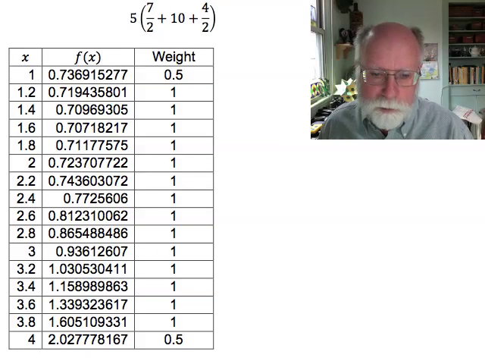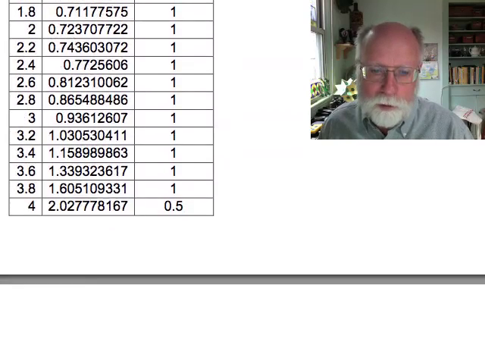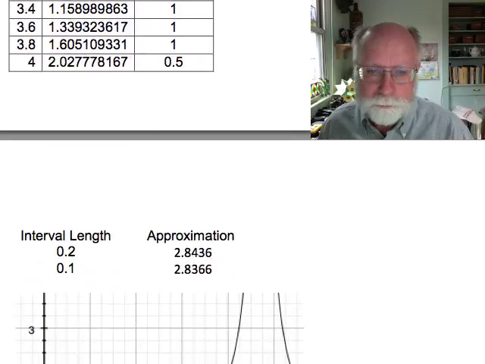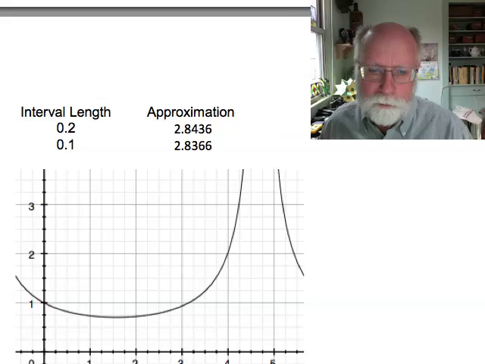You can use an Excel spreadsheet. And what you get is that with an interval length of 0.2, you get an area under the curve of 2.8436. If we went to half that length, we would get 2.8366. So that's a smaller number.